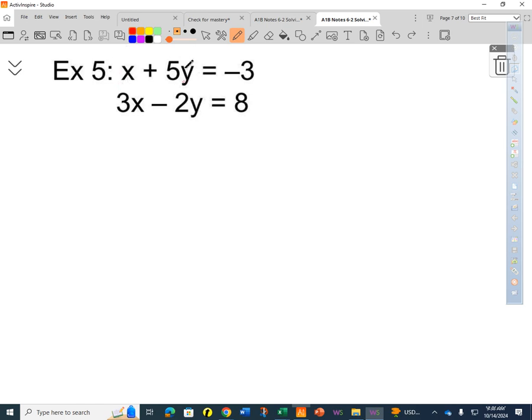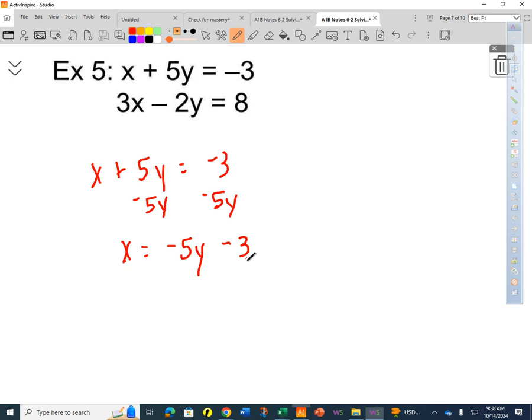So this one has a 5. If I just subtract this 5y, I know I'm going to have my x by itself. So that's what I want to look for. I want to look for the easiest way to isolate a variable. So x plus 5y equals -3. I don't have to multiply or divide anything. I just subtract the 5y from both sides. Now I know that x is the same as -5 times y minus 3.